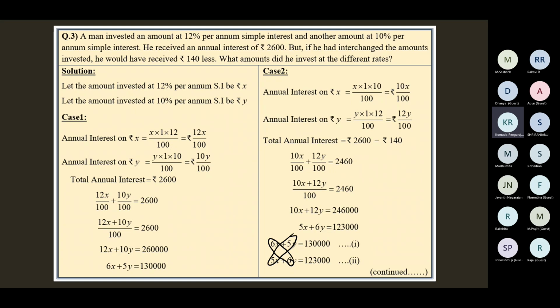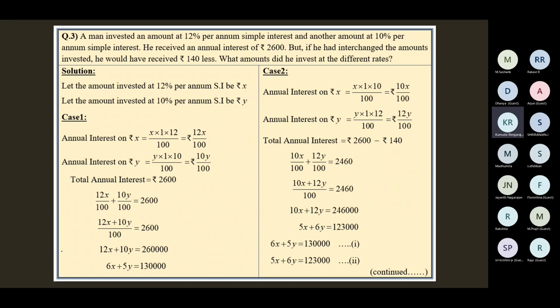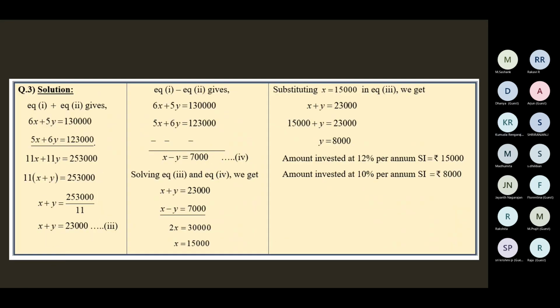You can always solve them by using the elimination or the substitution method. So here also you can solve these 2 by the elimination or the substitution method. You will get the same answer for x and y. But it is easier to solve using the special method. So adding the 2 equations, subtracting the 2 equations, getting 2 new equations 3 and 4, solving them to find the values of x and y.